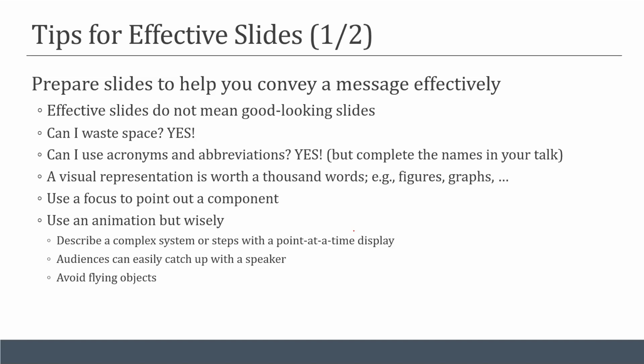So API or several very common acronyms. But in most of the cases, in your research work, you may have your own acronyms that people don't use in common. Then you should complete the acronym during your talk.